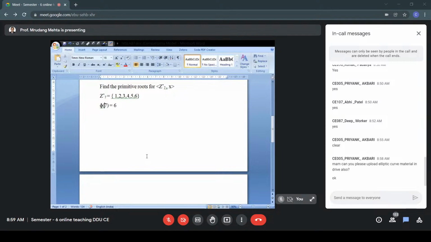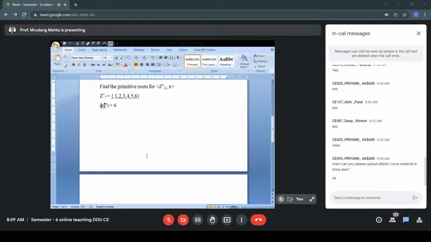What is the value of i? i is up to the total number of elements in Z7 star, so we have to iterate up to 6 times: 1, 2, 3, 4, 5, 6. This iteration is for the a values, and 1, 2, 3, 4, 5, 6 are the values to be taken.